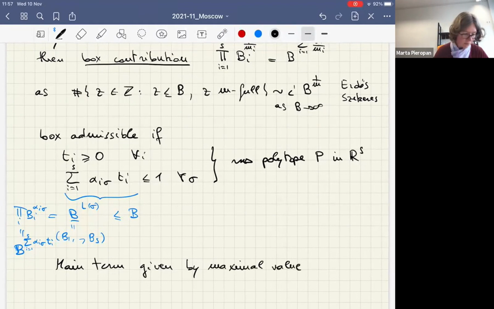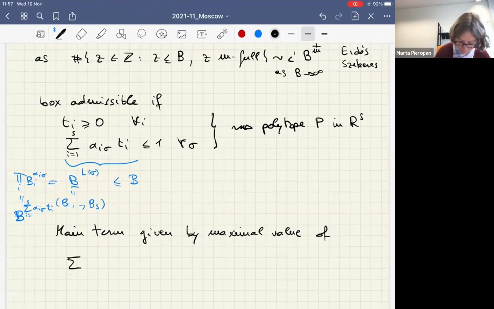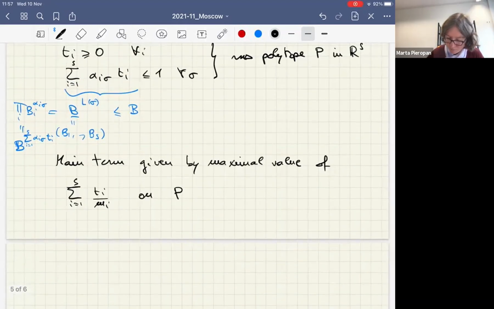So we want to understand what is the maximal value of the linear function, the sum over i from 1 to s of t_i over m_i, on boxes that are admissible, so on the polytope P. And this is a linear programming problem.